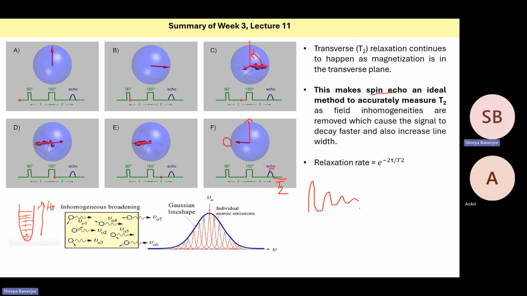So if you measure that time in which the FID is completely becoming zero, that is the signal is decaying back from Y to Z, then you can accurately measure T2. So this takes care of all your field inhomogeneities because ultimately the spin echo causes the signal to refocus. So that is an application of spin echo. It is used to measure the T2 relaxation.